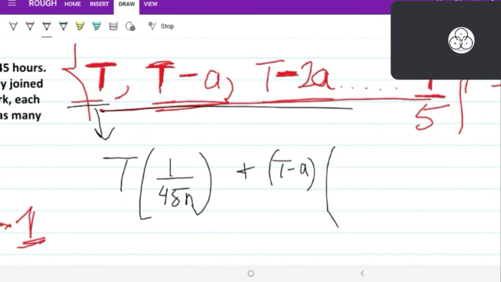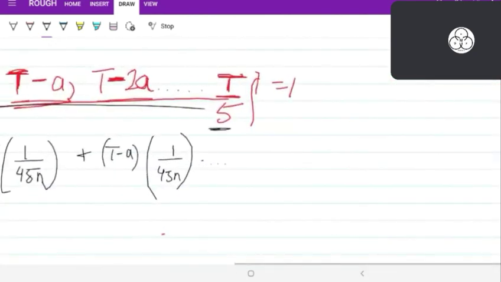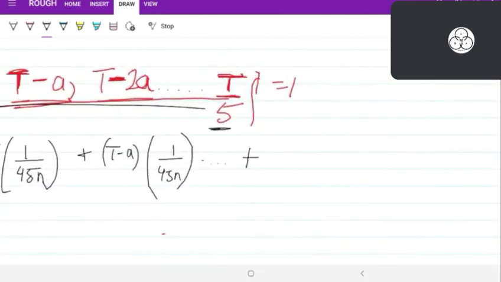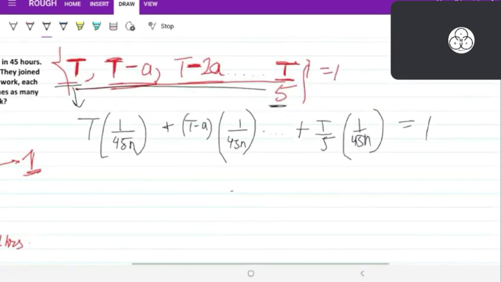This is an arithmetic progression, clearly visible, with last term T by 5 times 1 by 45n, and so on till the last woman. And the total task, which is 1, is completed, right? We can take this 1 over 45n common.